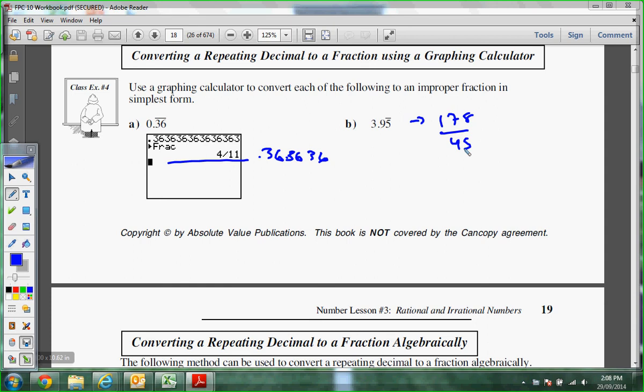Now try it. Just hit fraction, hit math. Just do a little more. Yeah, because you have to do more 5s.